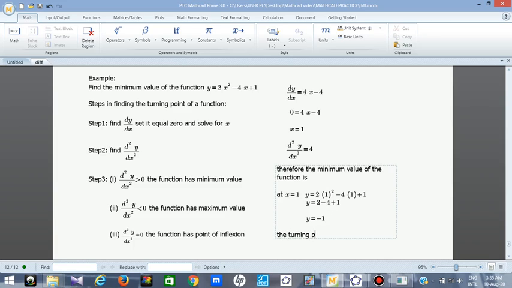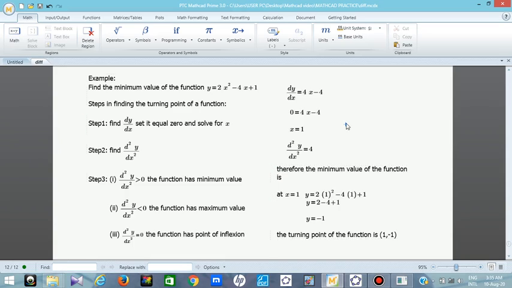The turning point of the function is 1 for x, then minus 1 for y. So that is all with the question. There's nothing so special about it.